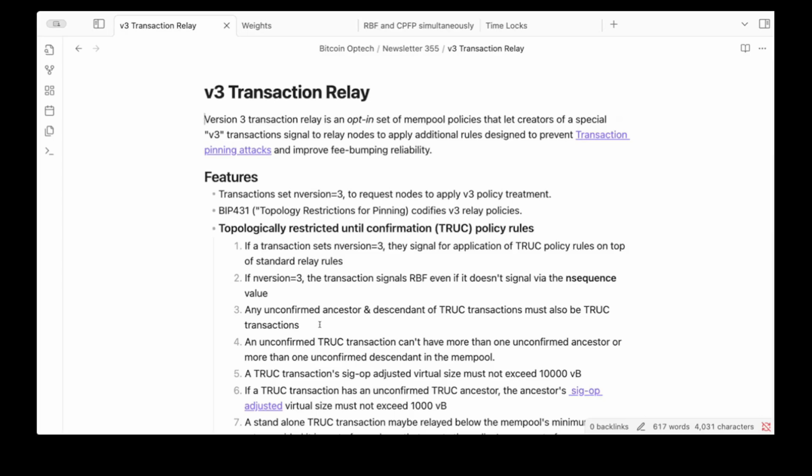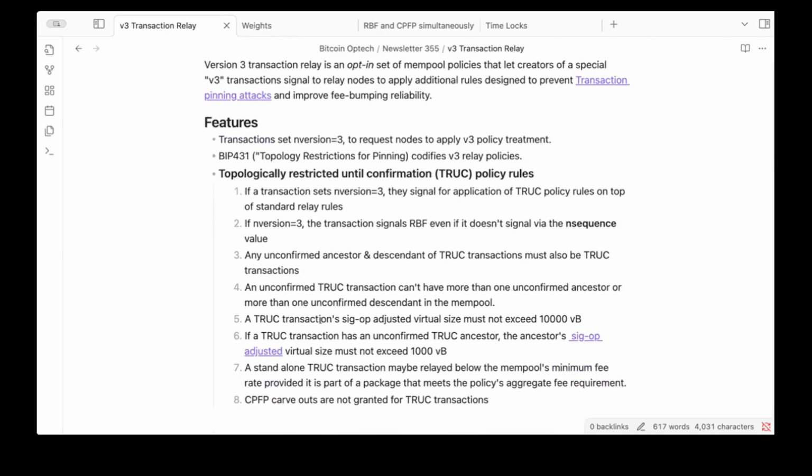These new special policy rules are called topologically restricted until confirmation rules, or TRUC rules. You will likely come across terms like TRUC transactions. There are some 8 rules that apply to these V3 transactions.